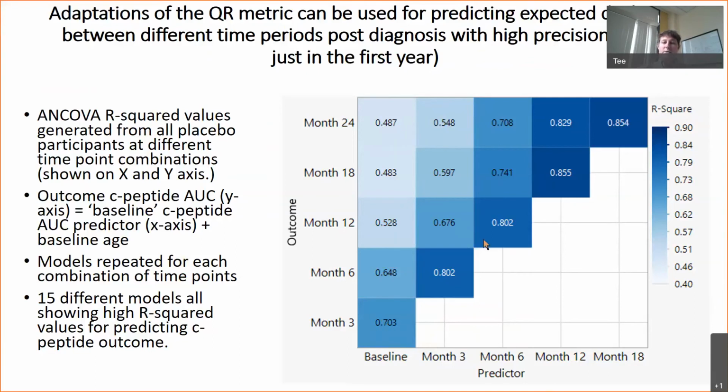But nevertheless, you do see very good predictability across a wide range of time points. And this is useful for studying drugs or therapies in a wide variety of intervals after diagnosis, not just 1 year after diagnosis.